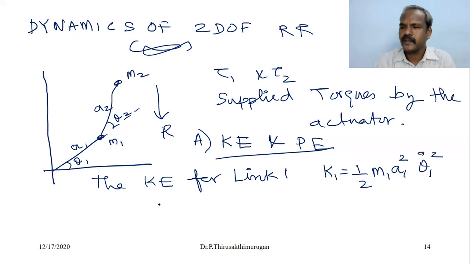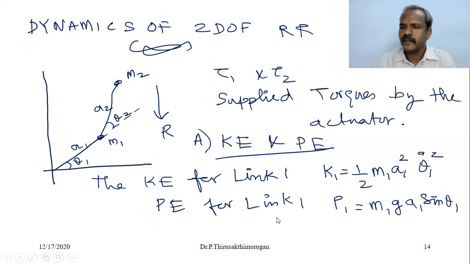Similarly, the potential energy for link 1, P1 equal to M1 G A1 sin theta 1.